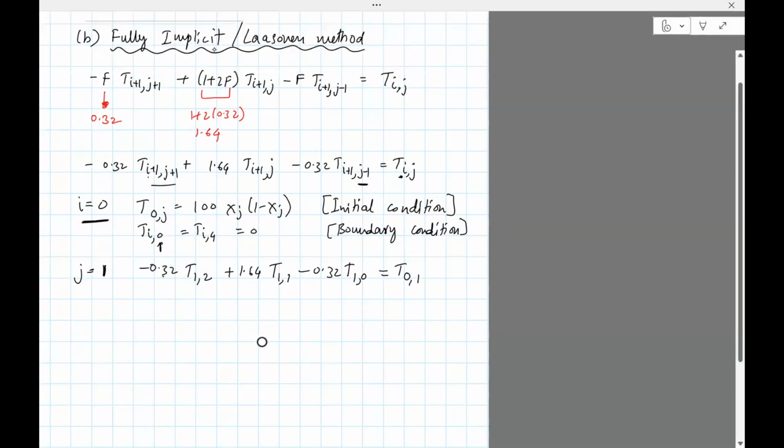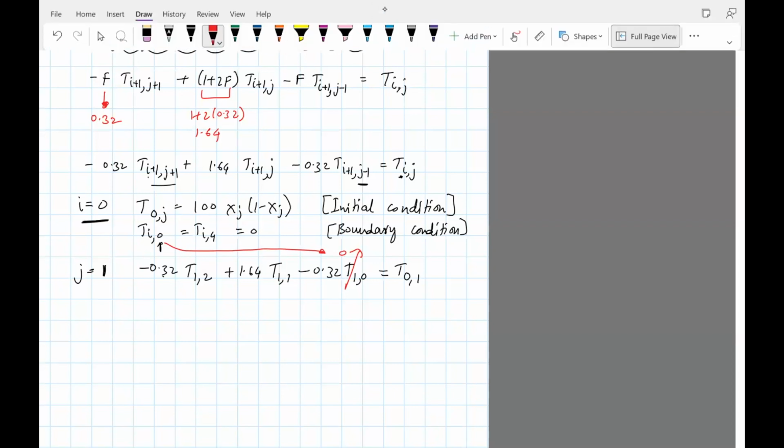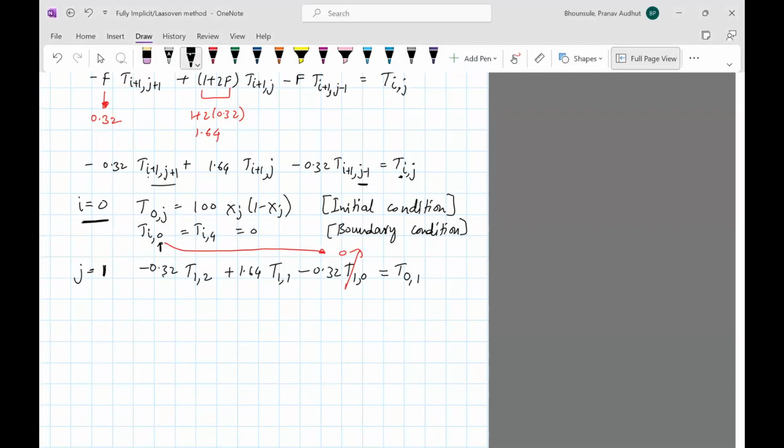Something I can do here is this term is 0 because that's the boundary condition. I also know what T(0, j) is. If I want to find T(0, 1), I put j equals 1.